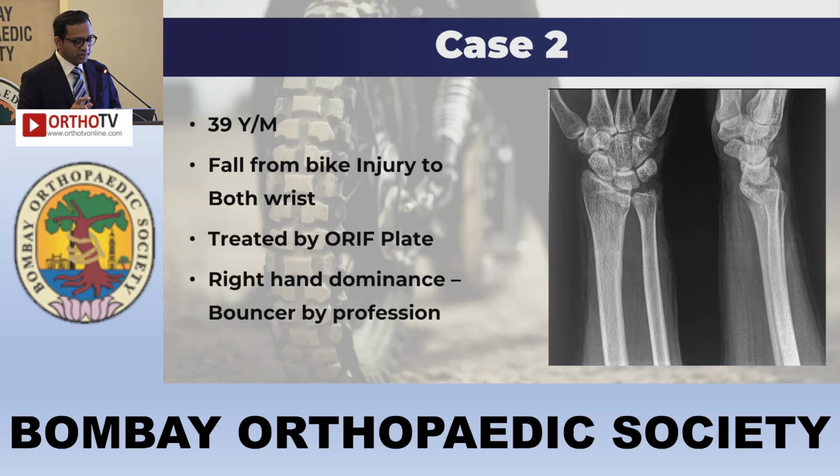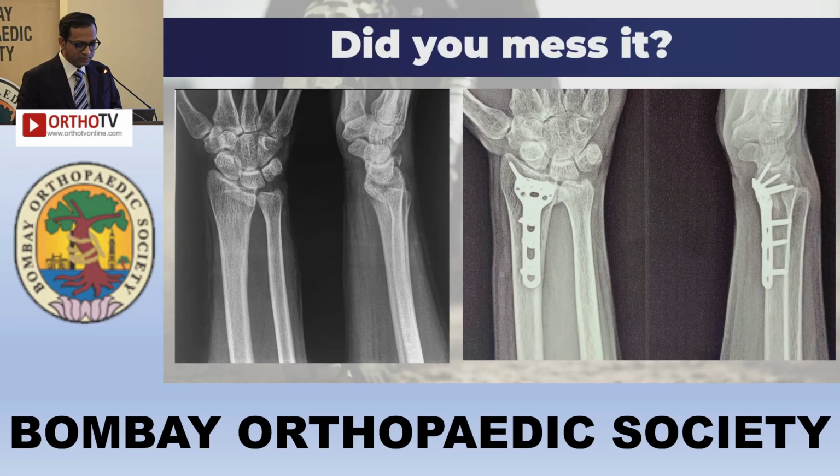So here is another patient with a similar kind of injury, treated surgically on day one itself. And he is a bouncer by profession. So this was his post-op X-ray. His bones also bounced.